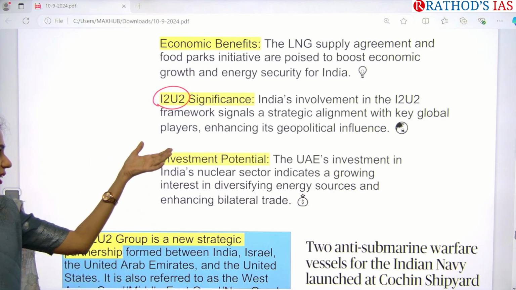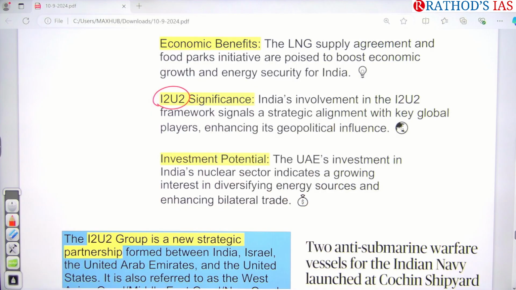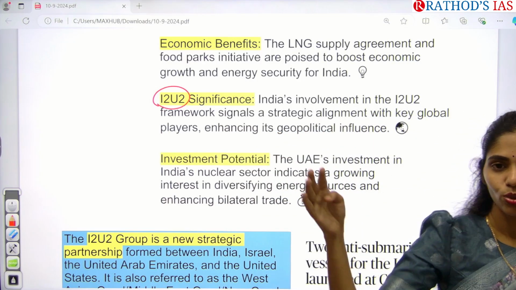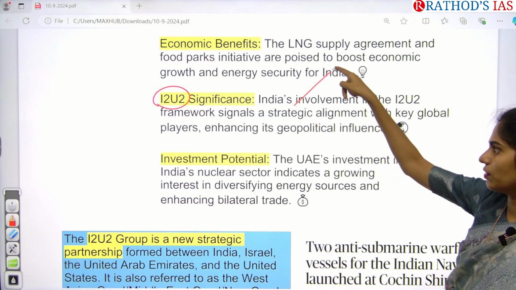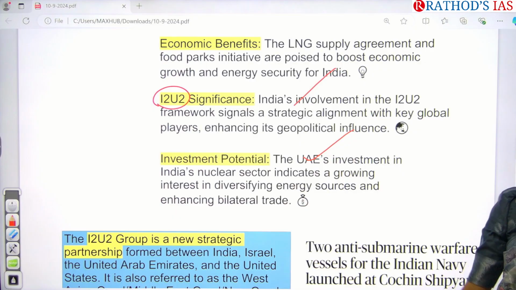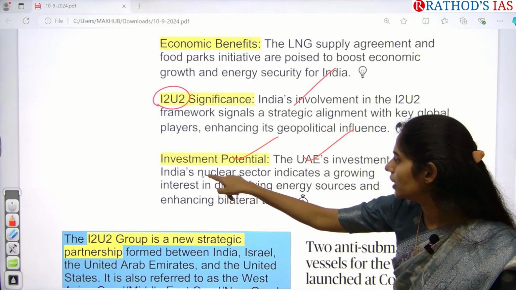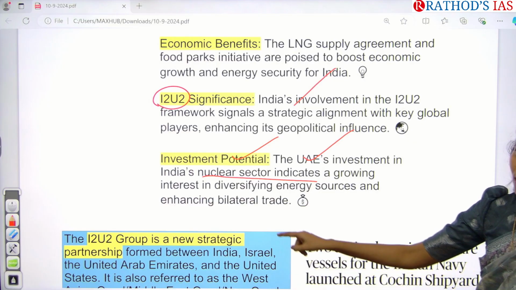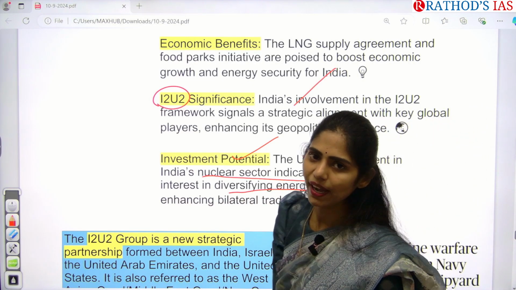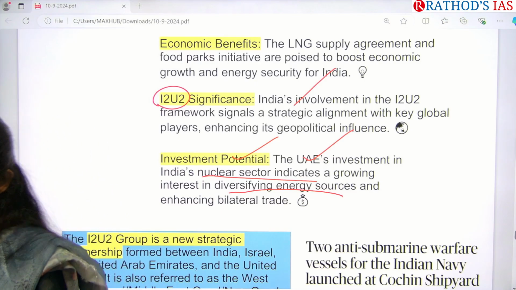So whenever we are increasing this kind of collaboration between UAE and India, we can also increase the significance of I2U2. And we are going to get a good amount of investment from the UAE, so that we can enhance India's nuclear sector, diversify our energy sources, and enhance bilateral trade between these countries.